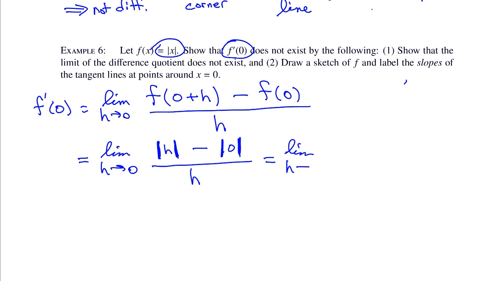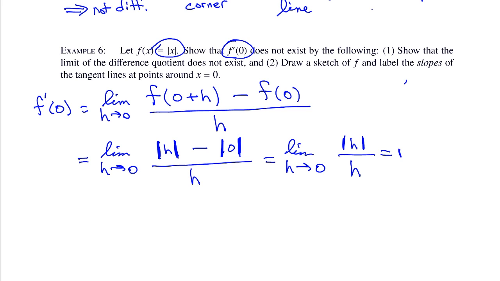This is the limit as h goes to 0. The absolute value of 0 is 0, so that part goes away. And this leaves me with the absolute value of h divided by h. Well, that's our old friend from the test and from the notes and everything else. And we know from prior experience that this limit does not exist.